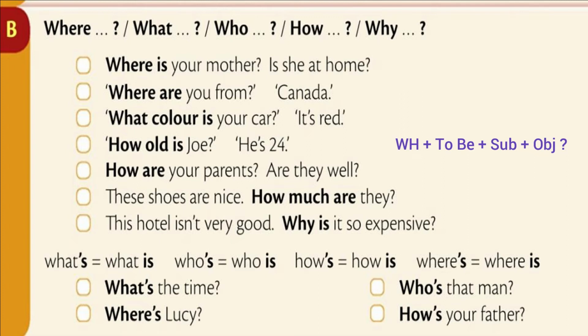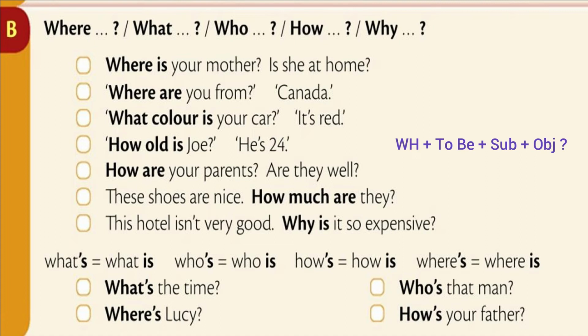And what is the complete structure? The structure is: WH family word, then helping verb, that is, am, is, are, then subject, then object. And in this category, when we are going to answer, then instead of saying yes or no, we have to give the answer in detail, not in yes or no.